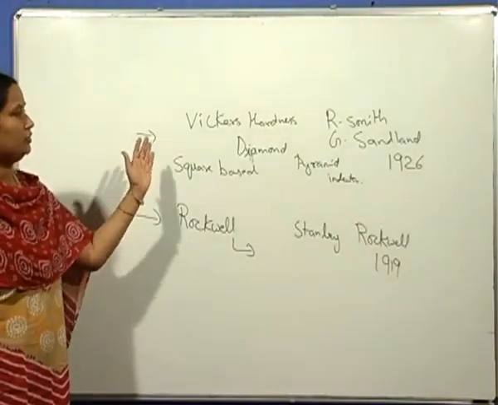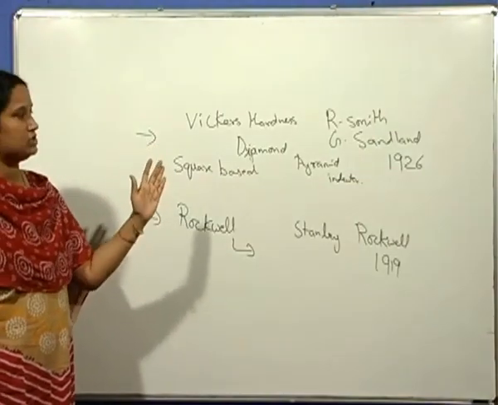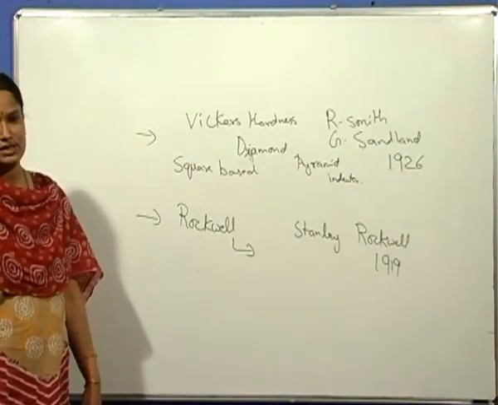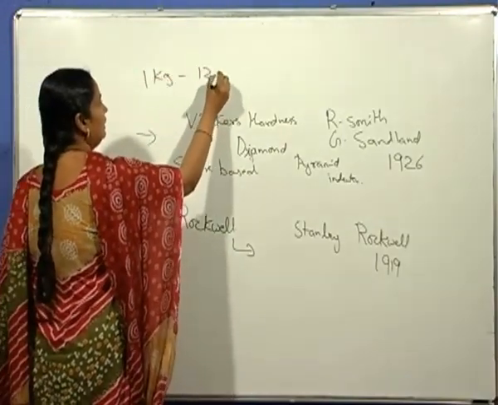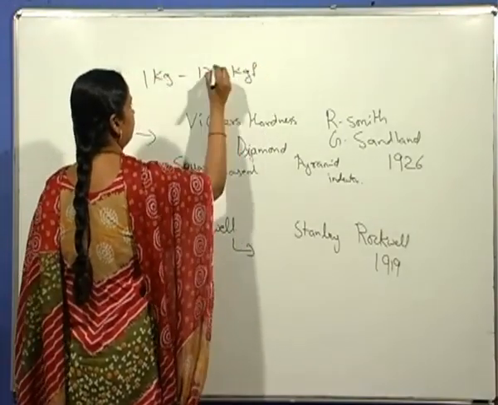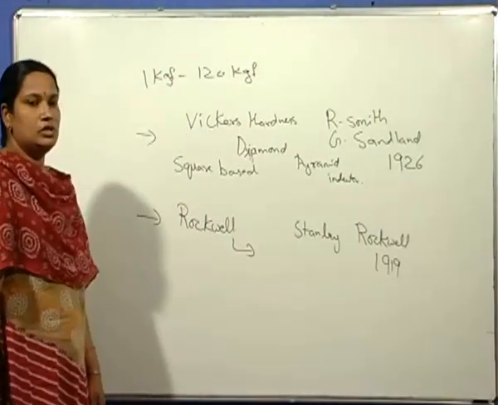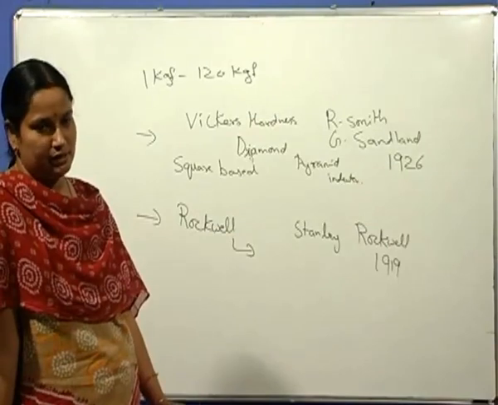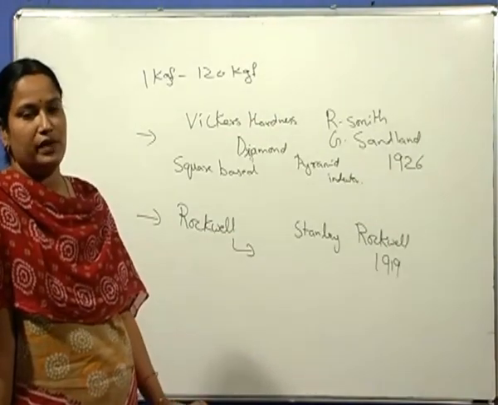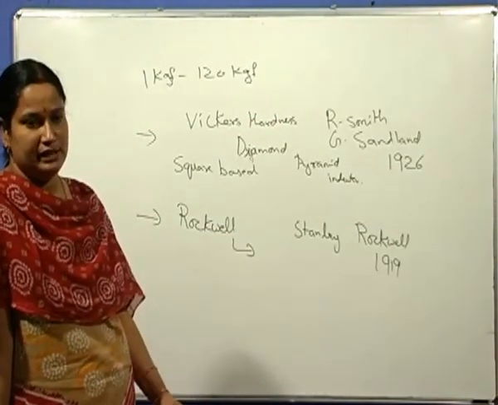The range of loads for the Vickers hardness test is from 1 kg to 120 kg force, using a square-based diamond pyramid as indenter.